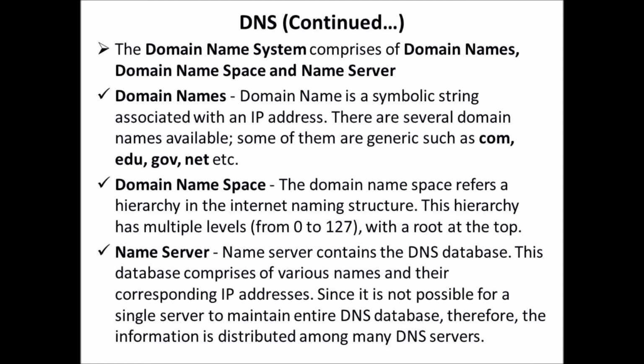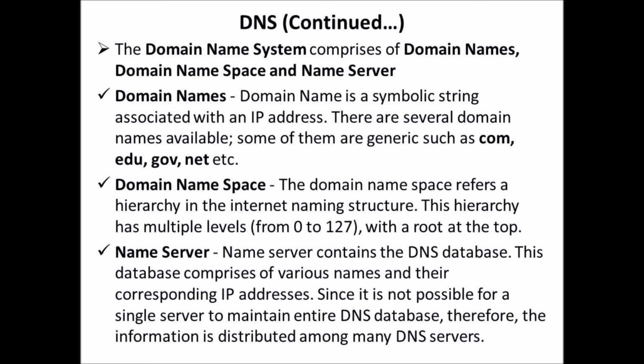Second one, domain name space. The domain name space refers a hierarchy in the internet naming structure. This hierarchy has multiple levels from 0 to 127 with a root at the top. Third one, name server. Name server contains the DNS database.